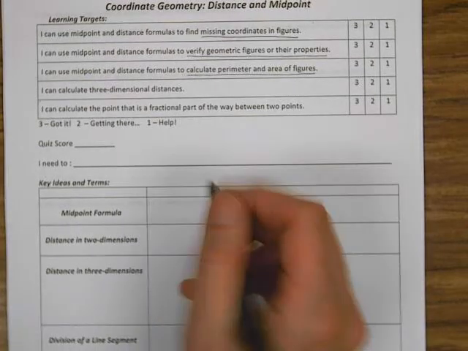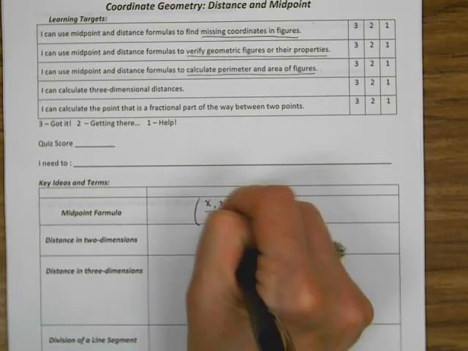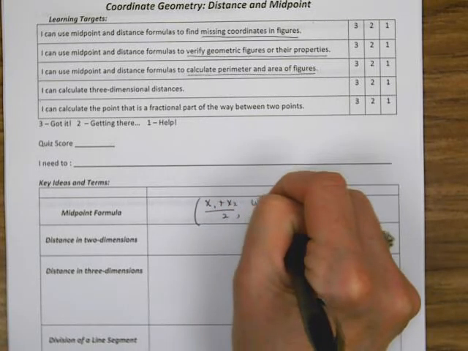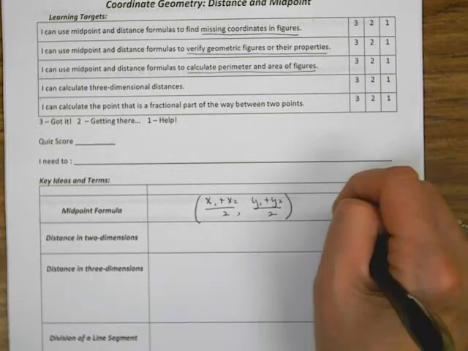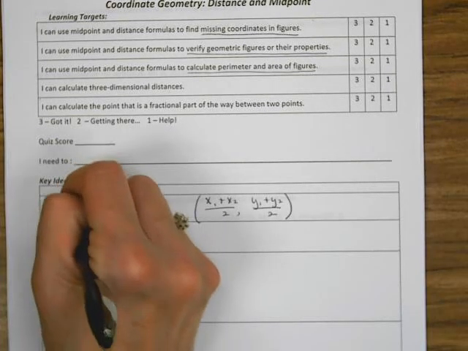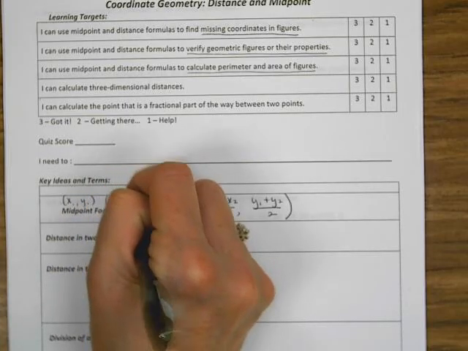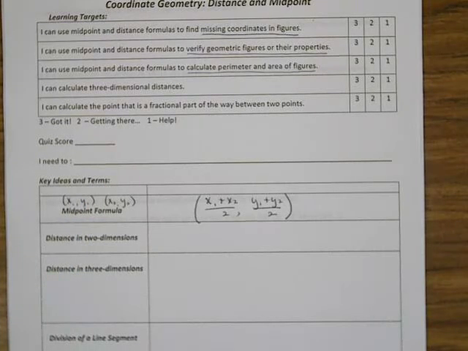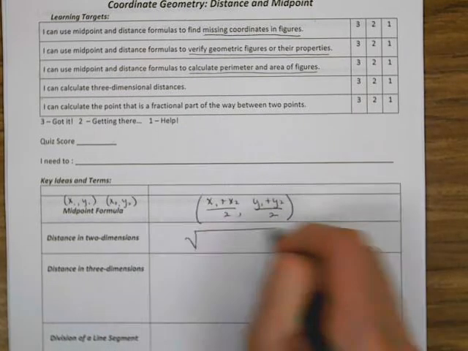We know the midpoint formula. You take the two x coordinates and you average them, and then you take the two y coordinates and you average them to get your midpoint if the points are x1, y1, and x2, y2. Similarly, to find the distance in 2 dimensions between those 2 points, you have seen this before.